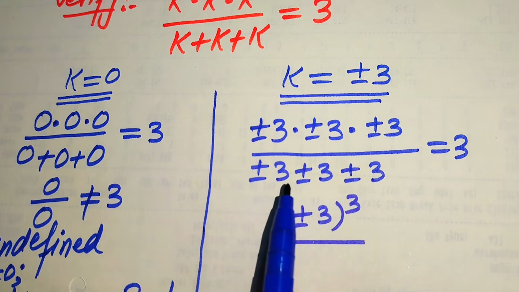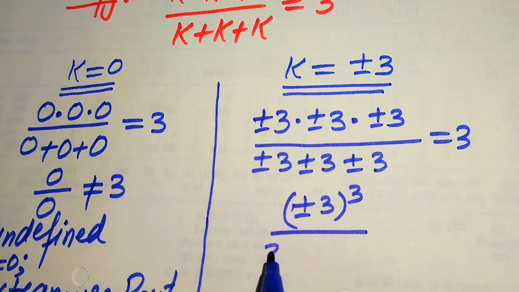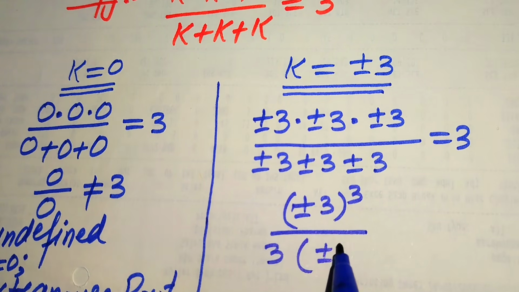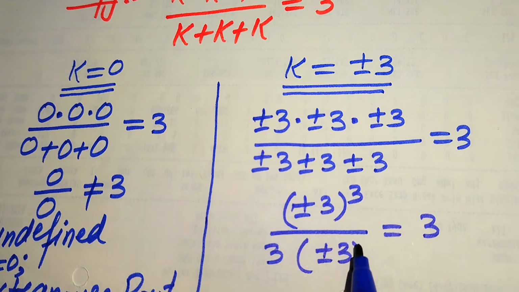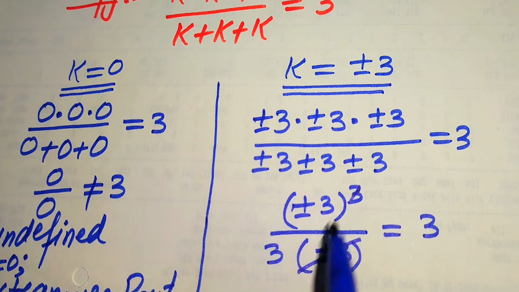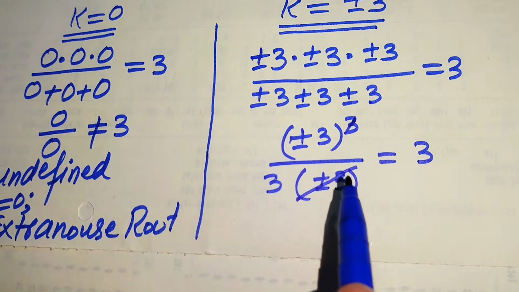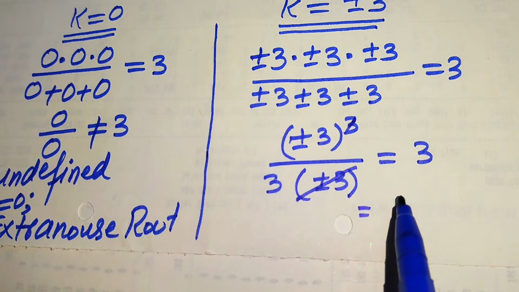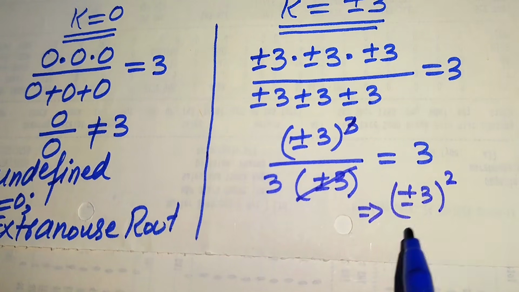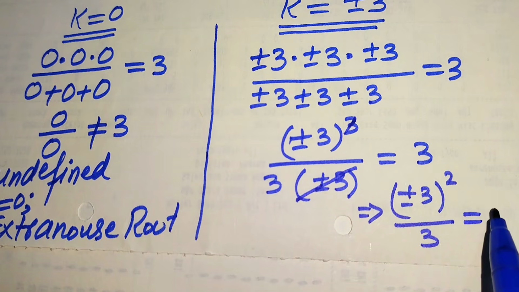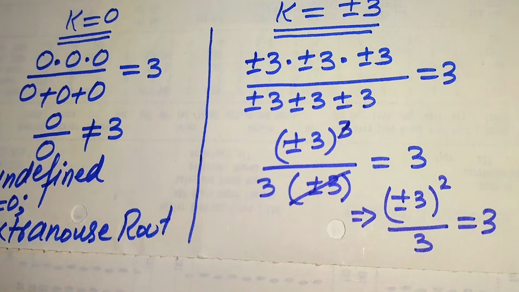In the denominator, plus minus 3 is added 3 times, so we write it as 3 times plus minus 3, and this is equal to 3. Here this plus minus 3 is cancelled out by this one plus minus 3, and after cancellation we obtain plus minus 3 whole square divided by 3 is equal to 3.